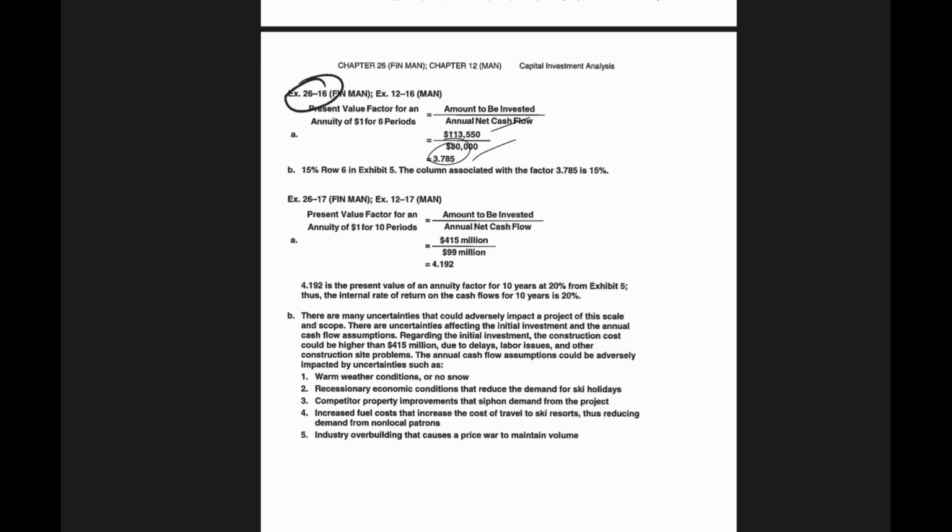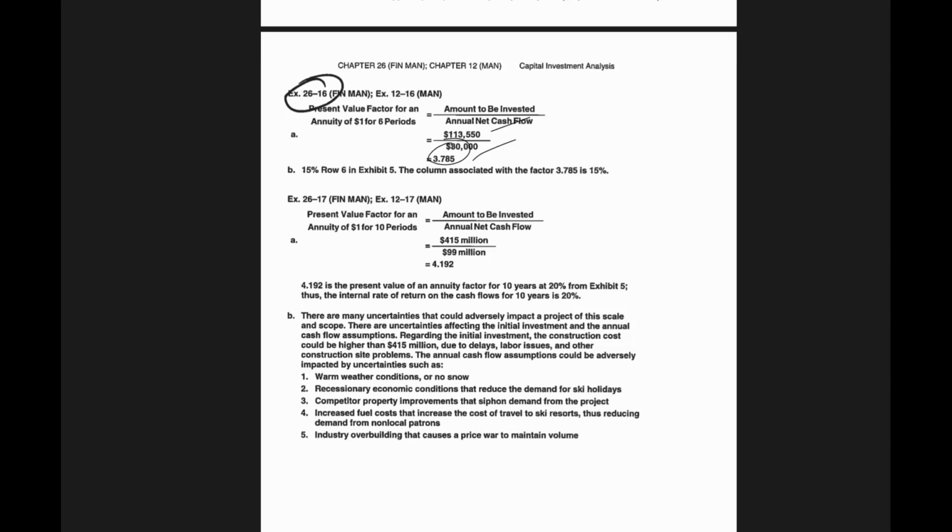Okay, so then going to Exhibit 5 in the chapter, which is on page 1319, you take the 6 period, so you go down to 6, and you scroll across until you find 3.785 or close to it.